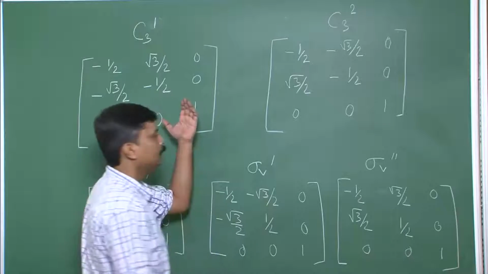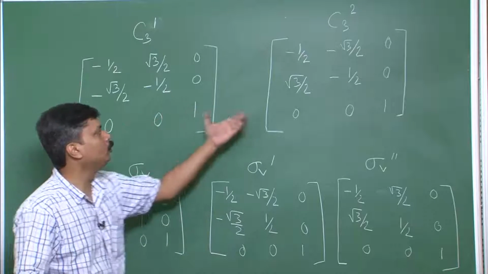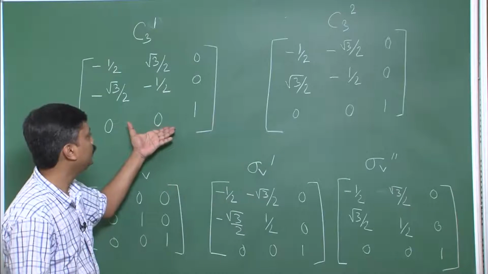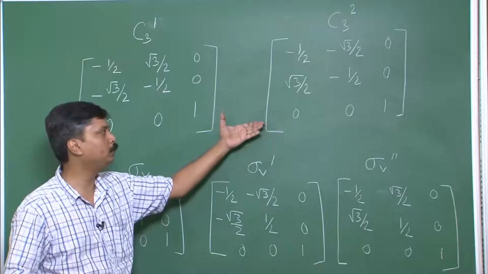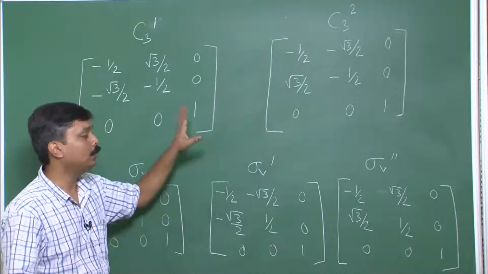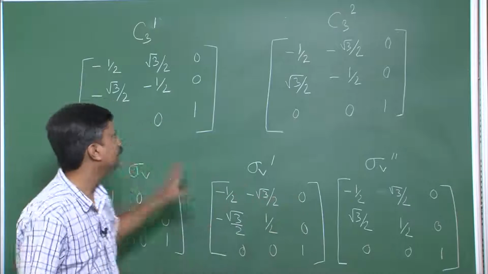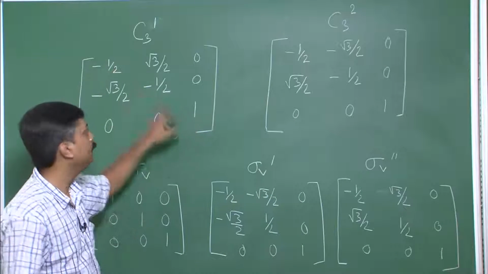That means these two should also form a class. Therefore, these two matrices should be conjugate. If that is true, and if what we learned in the last class is true, then their characters should be identical. Let's have a look at this.